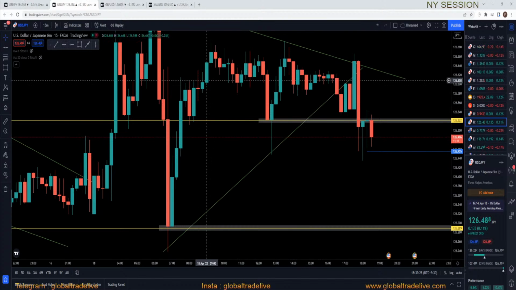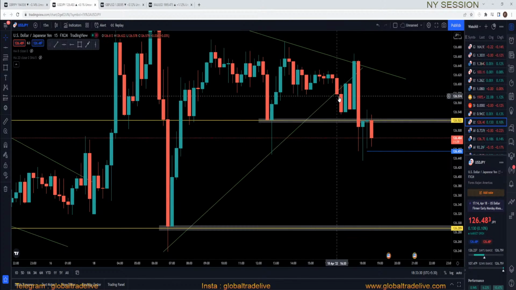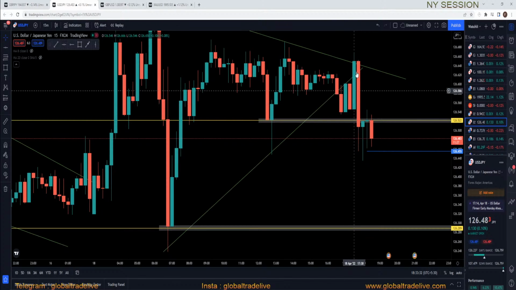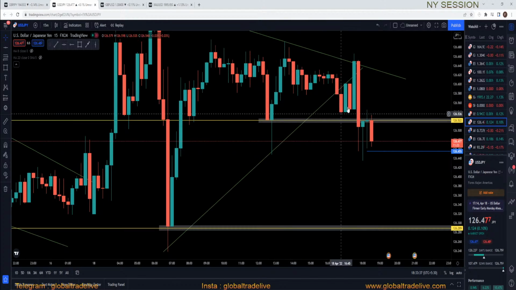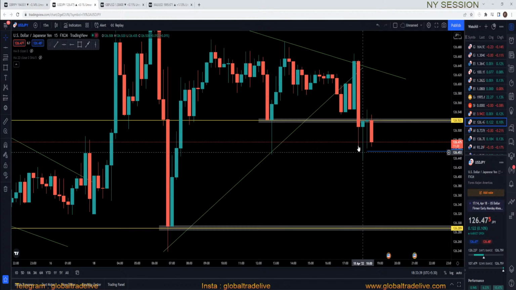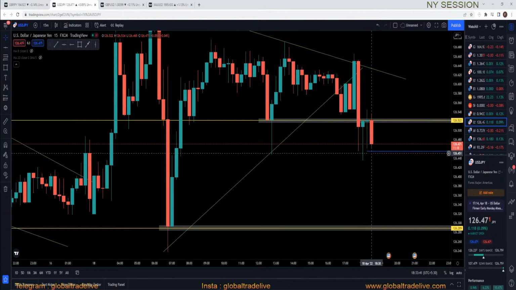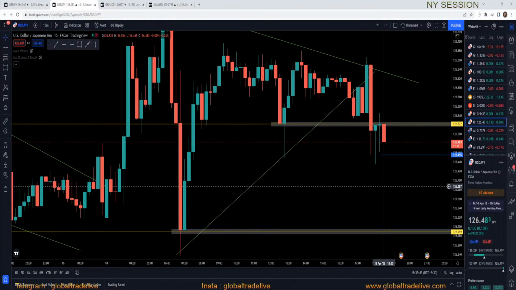Because it broke the lower trend line, and then it consolidated. This candle went up, respected the higher trend line. This candle went down, so that means it has already made a retest. It went down again, did a retest. If it breaks the low, it should continue moving down.